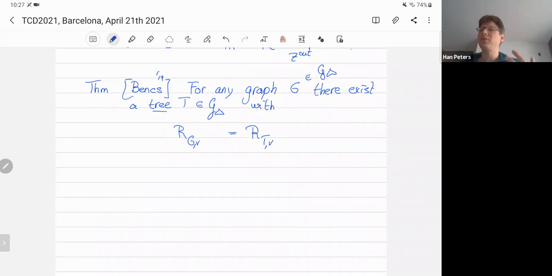So in other words, if we want to study the -1s of ratios, which we now want to do, then it's sufficient to only look at trees.